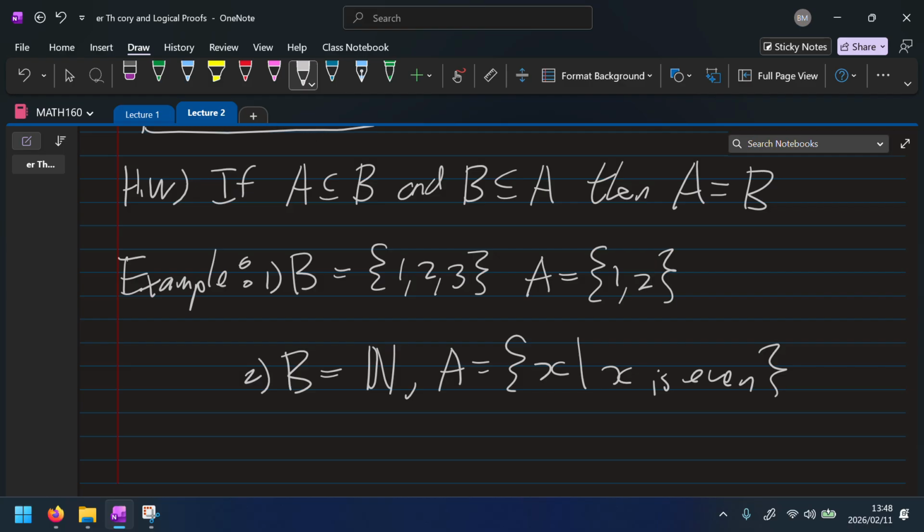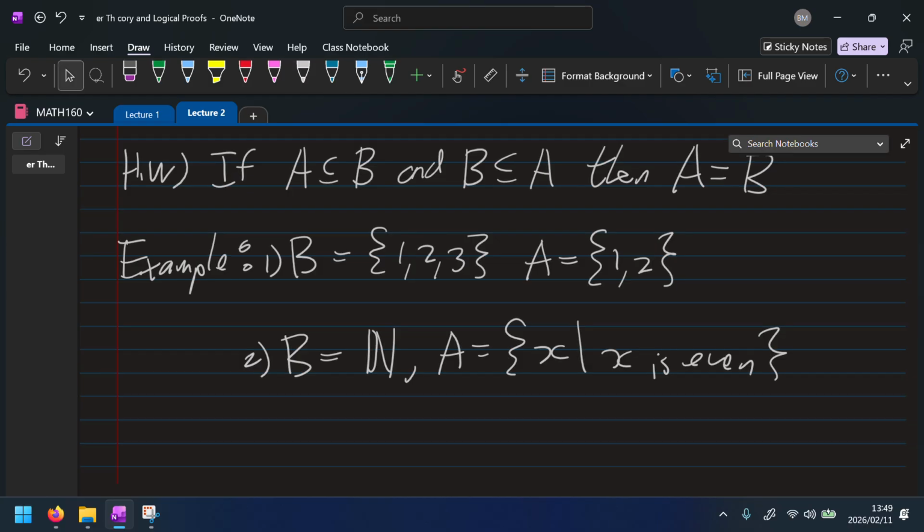Yes or no? Yes. So if I give you an even number, you look at it, it's also a natural number. So the even numbers are a subset of the natural numbers. Does that make sense? Because if you're even, you are also a natural number. So if you are in the set A, you are also in the set B. That is the definition for subset.